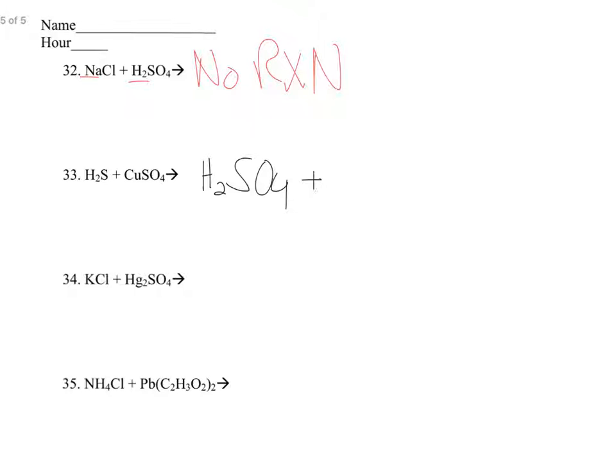That's not what it is. It's the copper. The copper sulfide, copper 2 sulfide, is actually going to happen. It's balanced, and that would be our precipitate or solid.